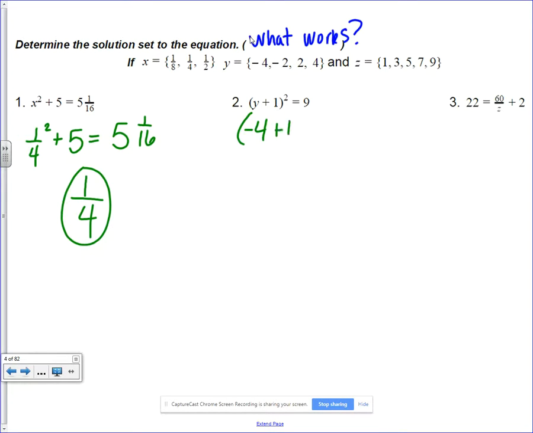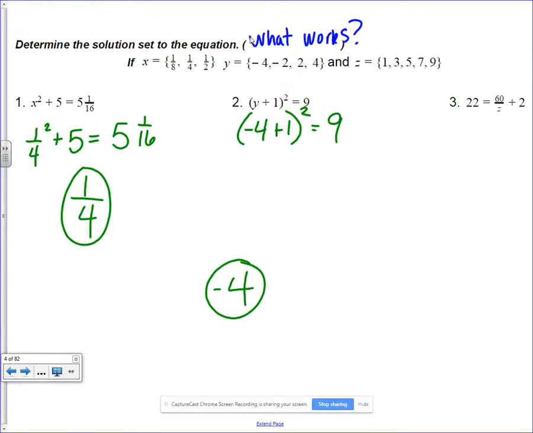Plug it in. You can literally type this thing in your calculator exactly how you see it, parentheses and everything. Put the squared on the outside of your parentheses. Does it work? So -4 is an answer. There's another one.